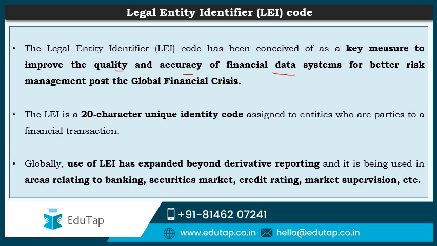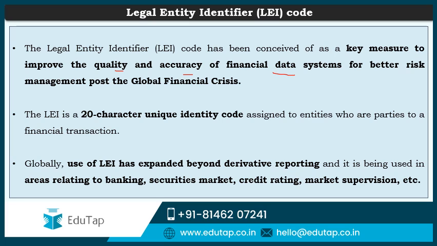It is a global code, unique across the entire world. We allot this code to different entities who transact in the financial market, so that we can keep track of those entities through this code.